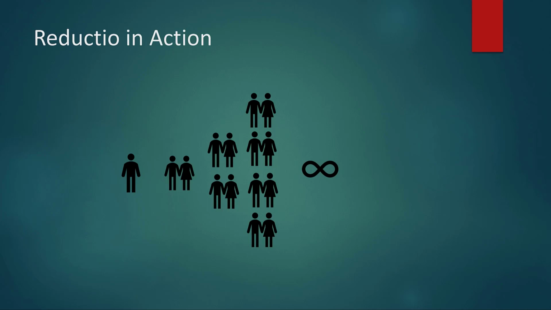For every human you've got, you would need more humans. And of course, this would require infinite humans. We might have infinite time, but we don't have infinite humans. So this creates an absurdity, because if every human has to have human parents, weirdly enough, we can never have any humans around today, because there'd be no first human to start humanity.